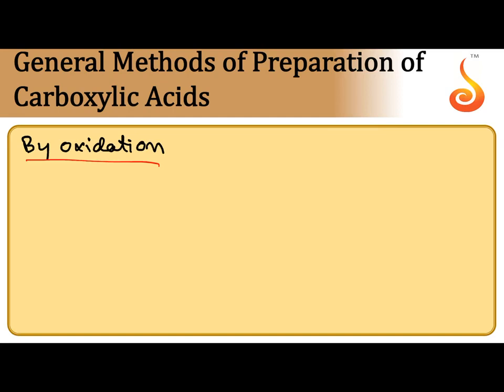General methods of preparation of carboxylic acids from aldehydes and ketones. When an aldehyde is subjected to oxidation by any oxidizing agent, even Tollens reagent, Fehling's reagent, Benedict's solution, or a strong oxidizing agent like potassium permanganate, the aldehyde is converted into carboxylic acid. Even from alcohols, by the direct method we can prepare.